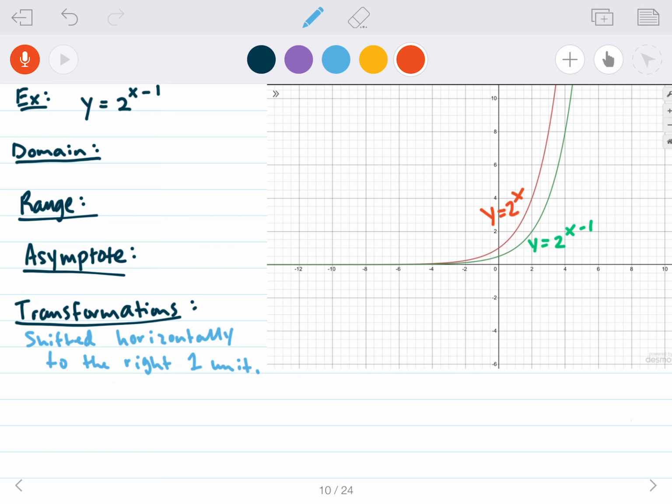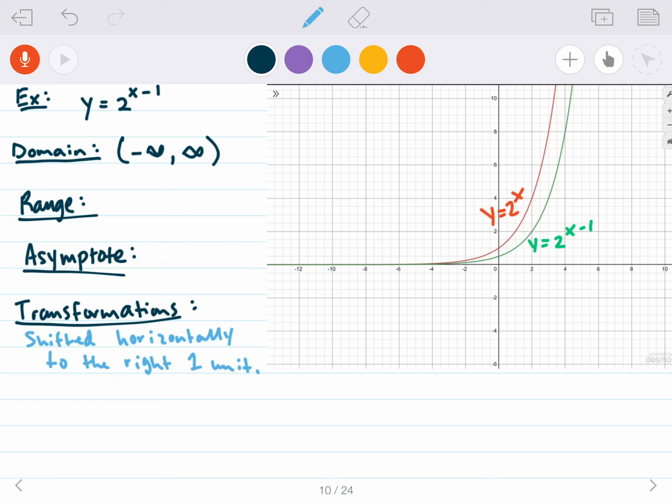Well, the domain doesn't change with the horizontal shift here, right? Because we can plug in any x we want and we'll get a valid input. We only have problems with the domain when we have variables in the denominator and variables under square roots. So no problem here. We still have a domain of negative infinity to positive infinity.